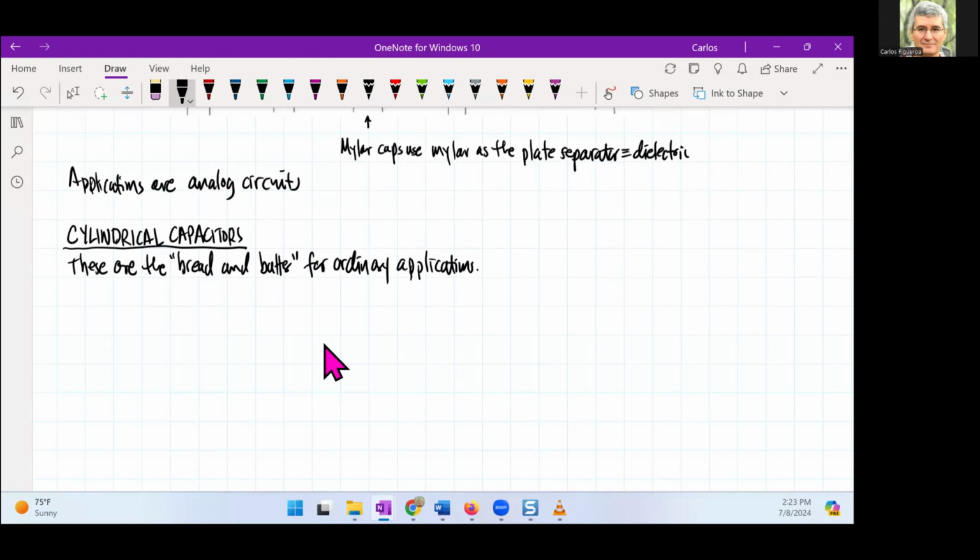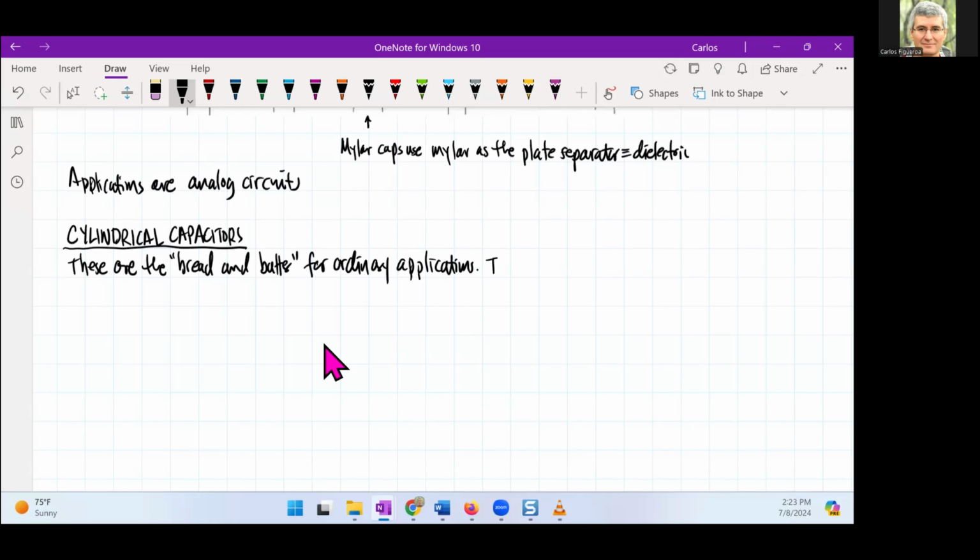You open up any type of electronics and you're going to see the radial capacitors. The reason is that they achieve a wide range of values. You can go from just shy of a microfarad to thousands and thousands of microfarads.